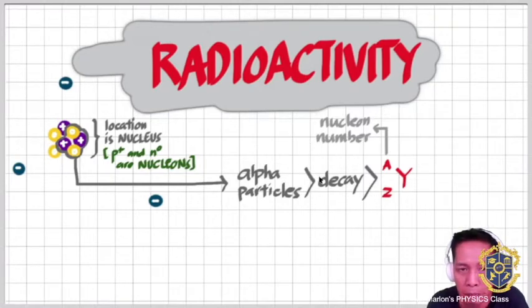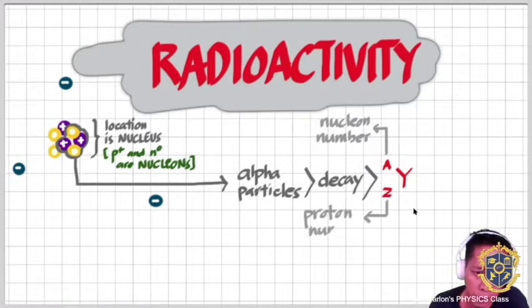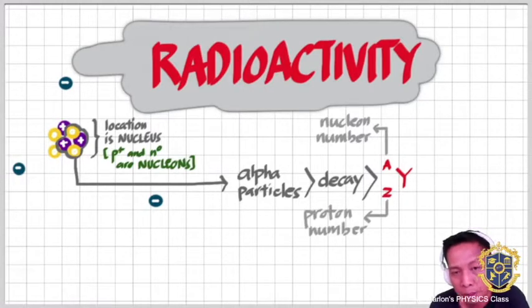It's pretty much the same; it's just the naming of these numbers. The letter Z here represents the proton number, how many protons there are in that atom. In chemistry, you call this the atomic number. They are just the same.